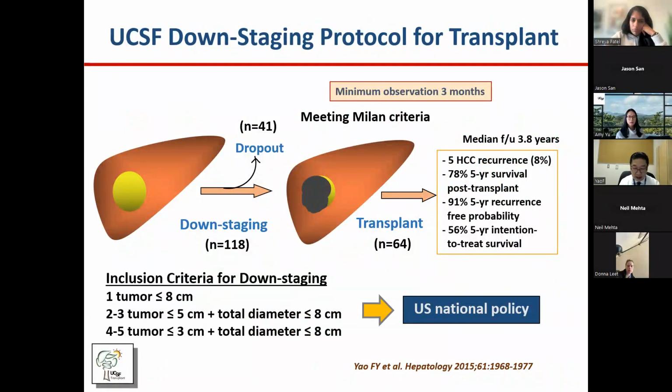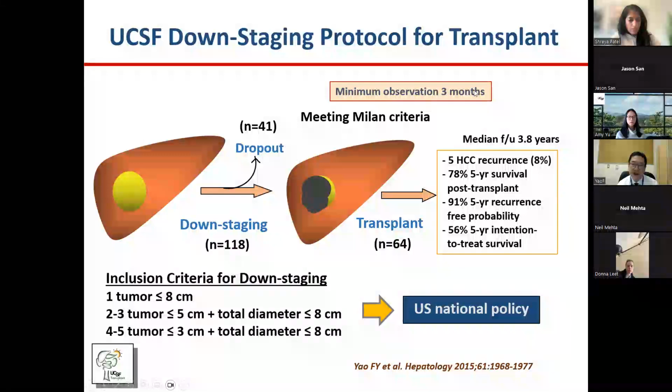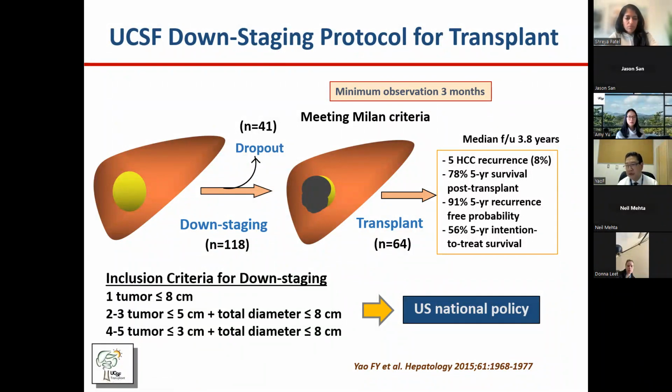So this is the latest publication of our downstaging experience back in 2015. Criteria are shown here. 118 patients were enrolled. About a third had dropped out from the waiting list, and 64 patients ultimately underwent liver transplantation after successful downstaging. And we mandate a minimal observation period of 3 months with no treatment to observe for tumor behavior before we transplant them.